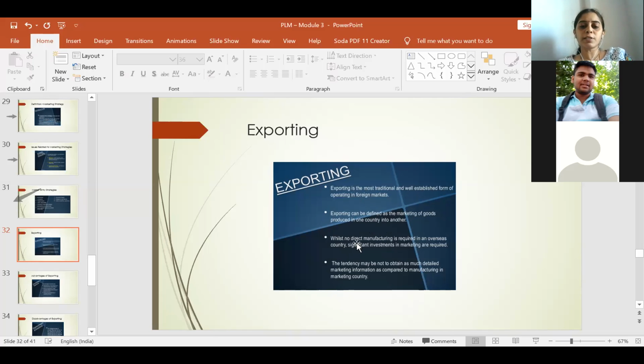Next are the features. No direct manufacturing is required in an overseas country. Significant investment in marketing is not required either. So once you export the product into a new country, the manufacturing part is not needed, and significant investment in marketing is also not needed.